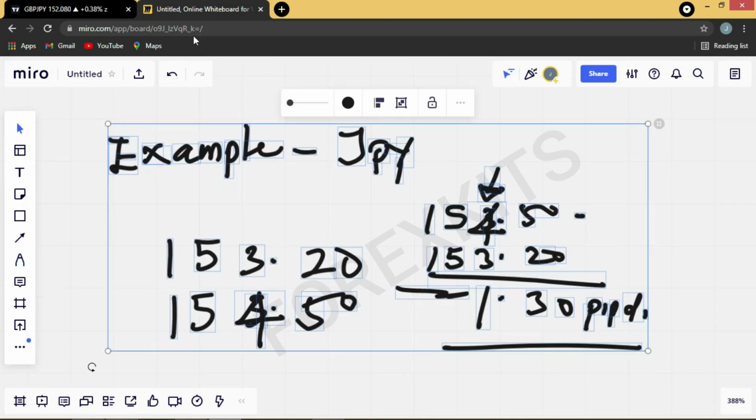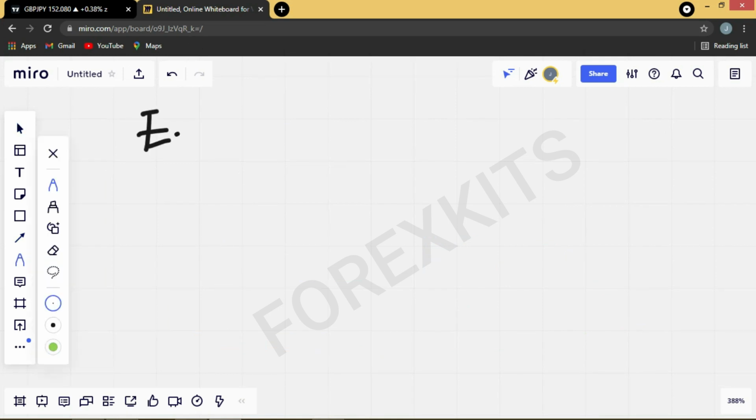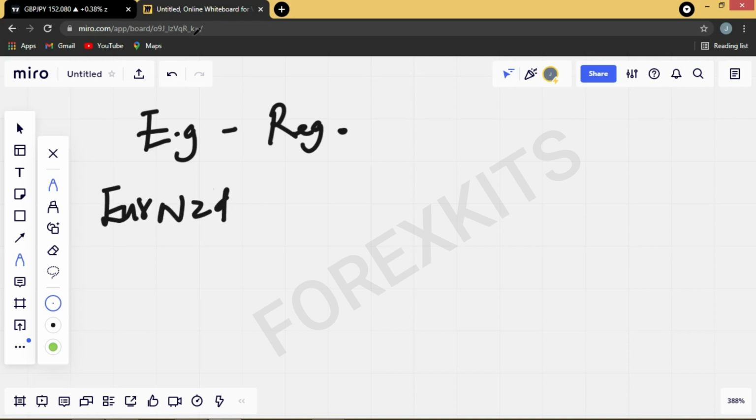So I'll clear all of this, and then let's do an example for regular currency pairs. Let's take an example, Euro NZD, that's the euro and the New Zealand dollar, and let's say it was quoted for us at 1.0515.